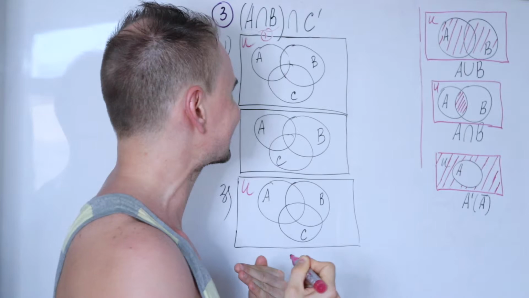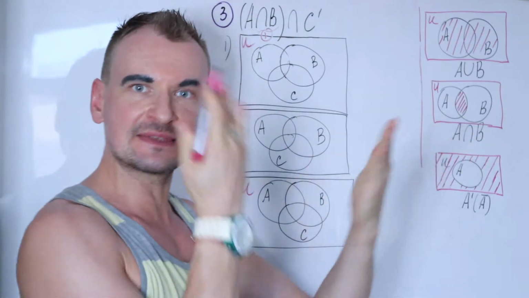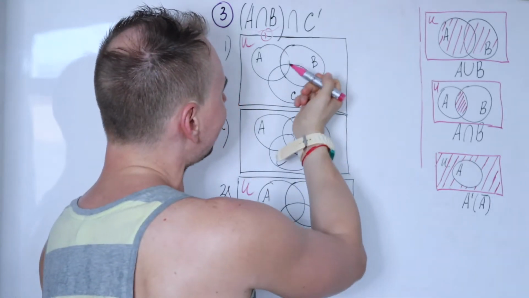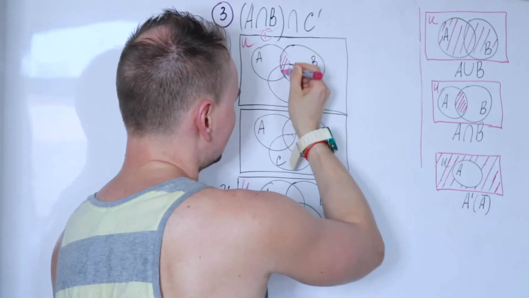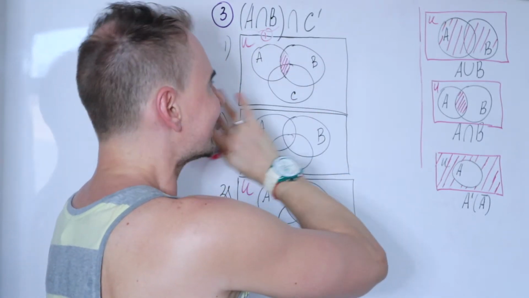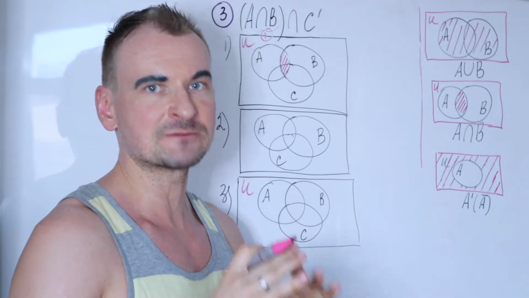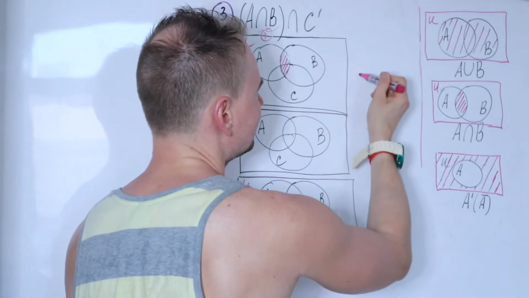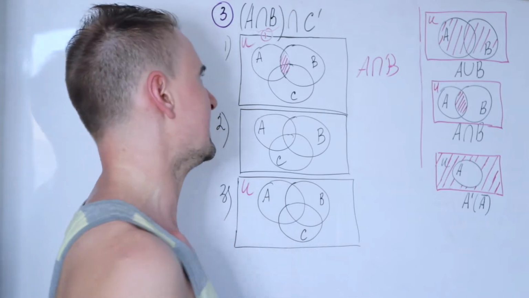We have A intersection B. Since intersection simply means the common, the overlapping part, we're going to highlight this common part between A and B. So again, regardless of C, we don't care about C. So forget it, leave C out at this point. So this picture represents A intersection B.